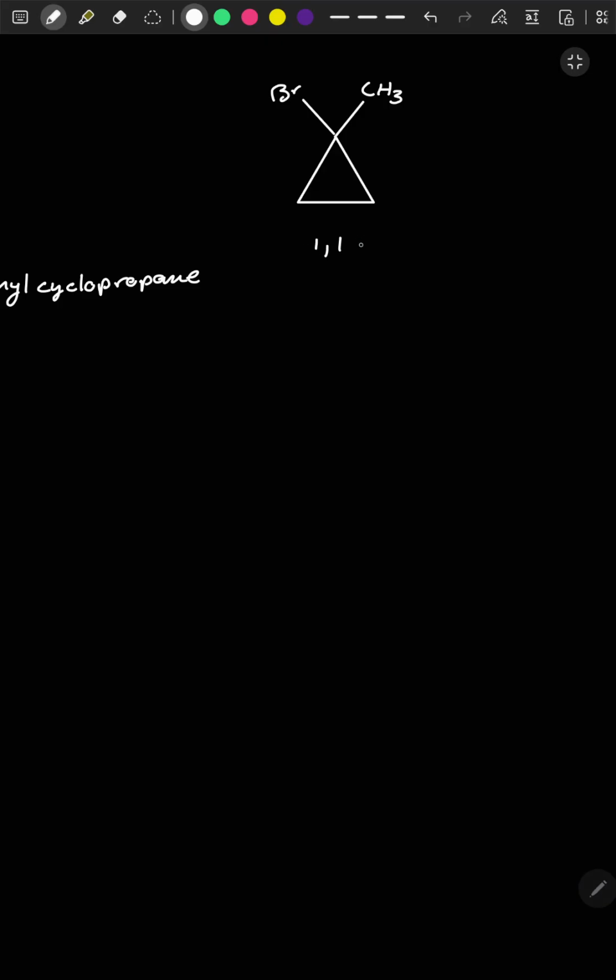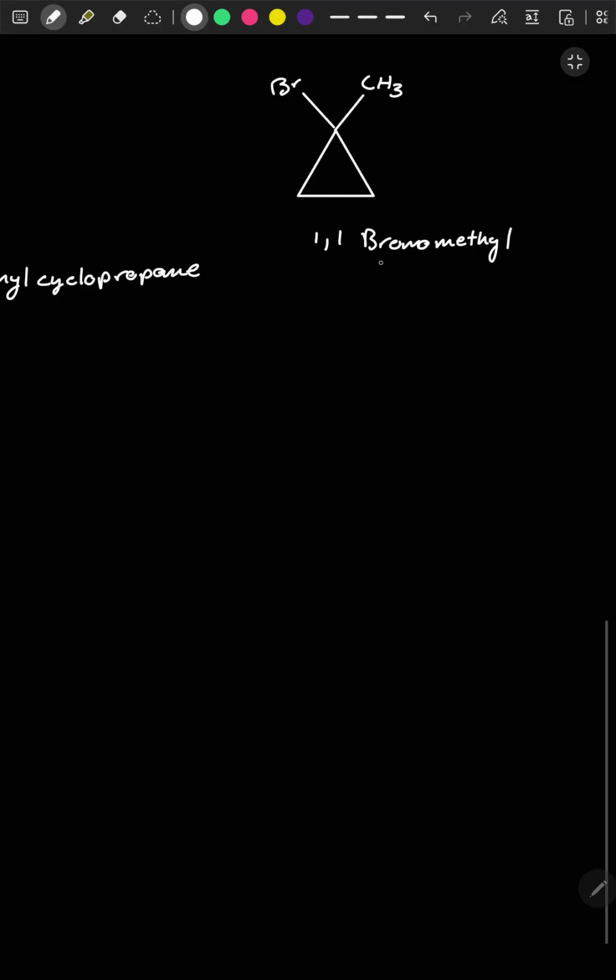But we'll just go ahead and say 1,1, so that we know that they're both on the same carbon right here. And this will be 1,1-bromo, because that comes first again. Bromo, methyl, cyclo, propane.